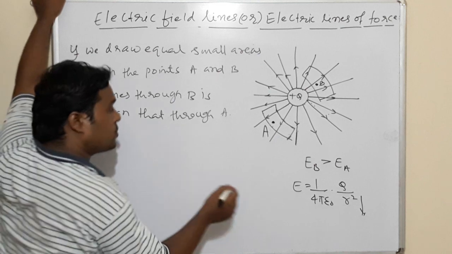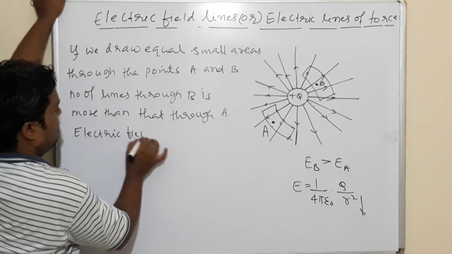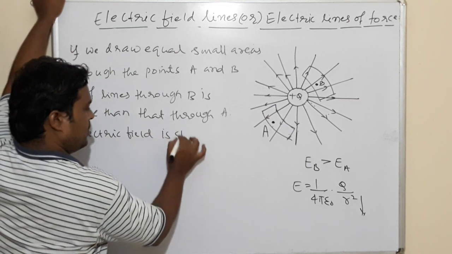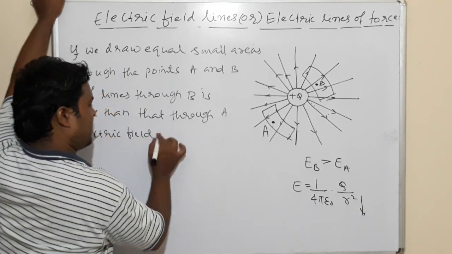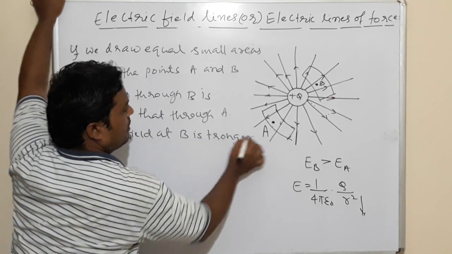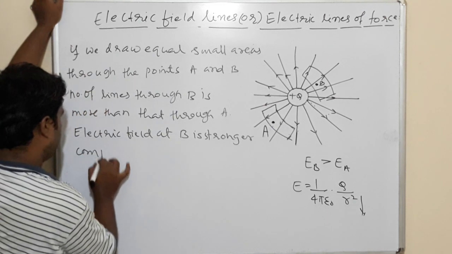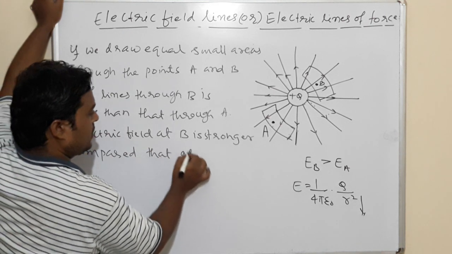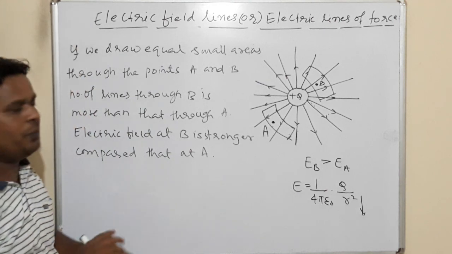And we also know that the electric field at B is stronger compared to that at A. Then what is the conclusion that we make from this?